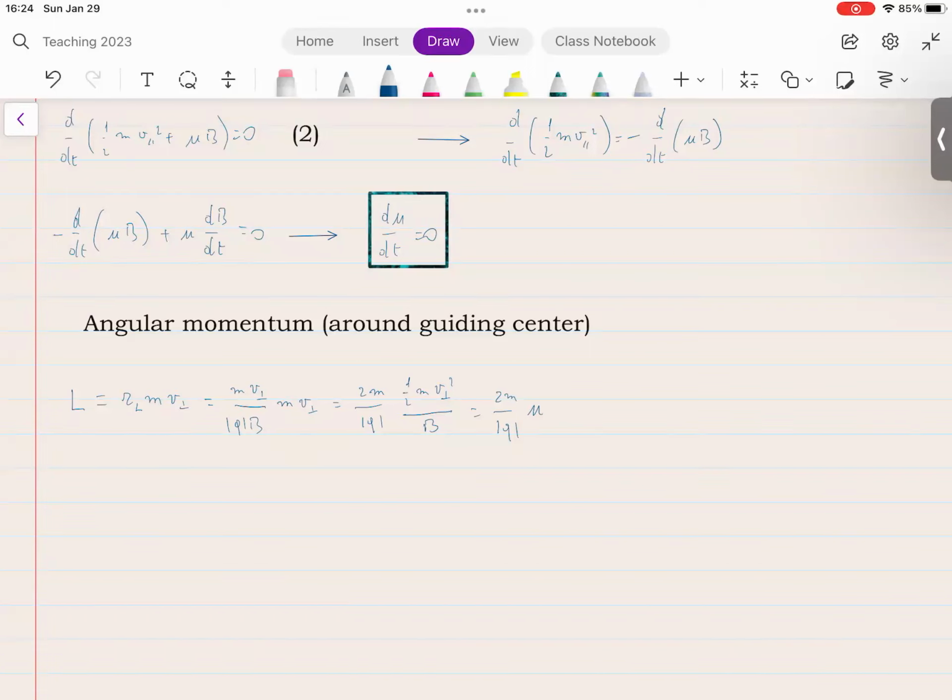Things are a little more complicated than that, because this is only going to work if V perp is not zero. But in general, in my distribution function, there are going to be some particles that have very small V perp, and so those may just be able to escape from my mirror trapping. This is called the mirror because particles will move from regions of low field to regions of high field and get reflected back to the regions of low field.